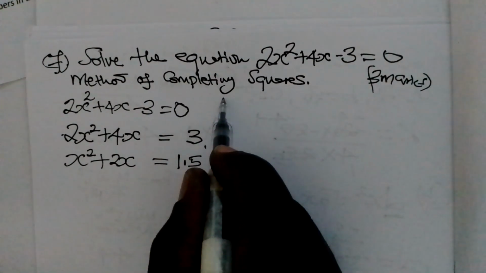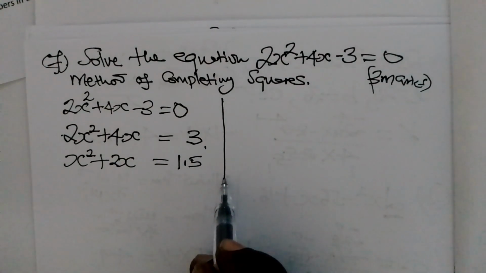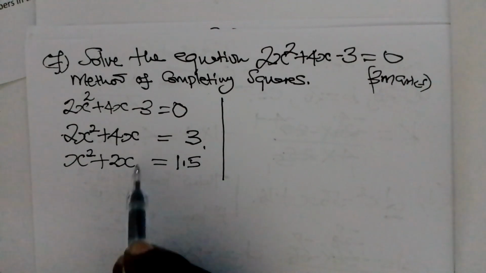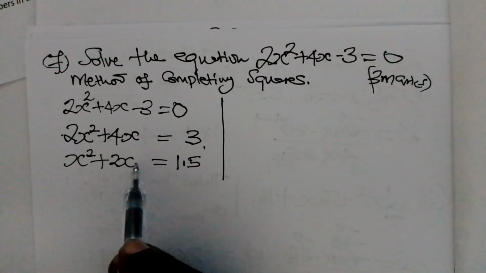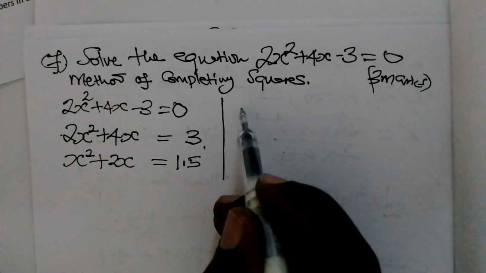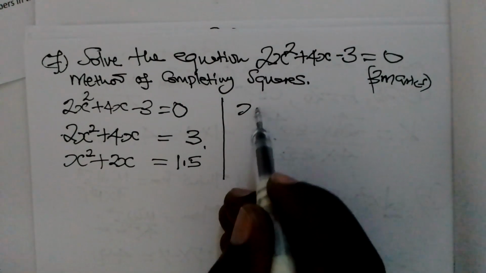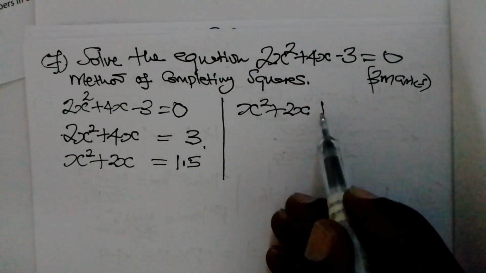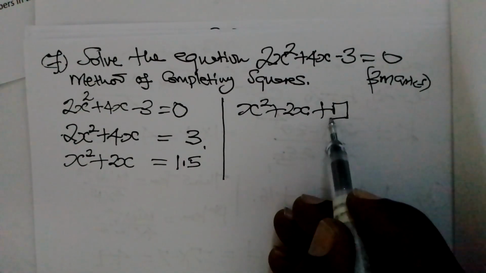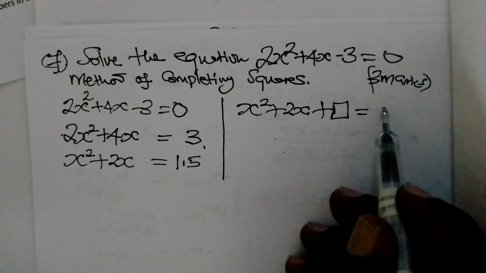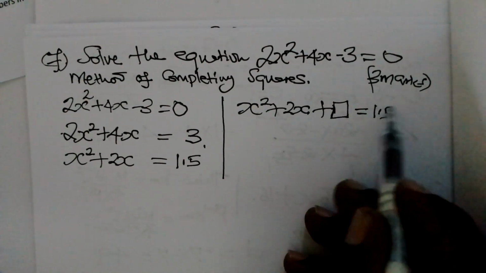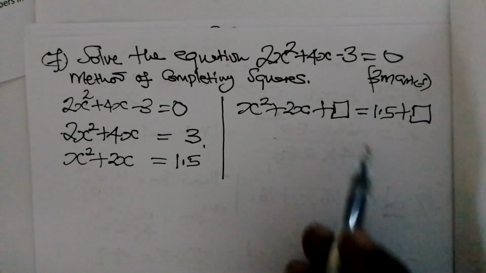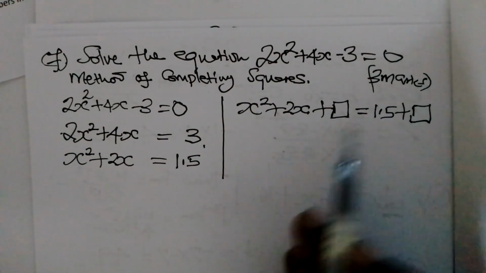Therefore, we now introduce a third term so that we can make this a perfect square. We shall write this as x squared plus 2x plus a third term that we do not know to be equal to 1.5 plus the third term, so that we can balance our equation.